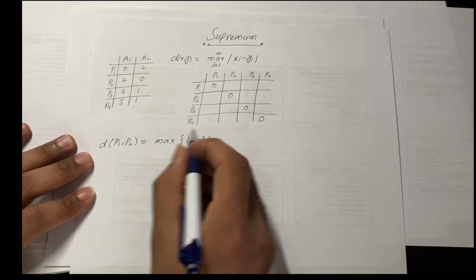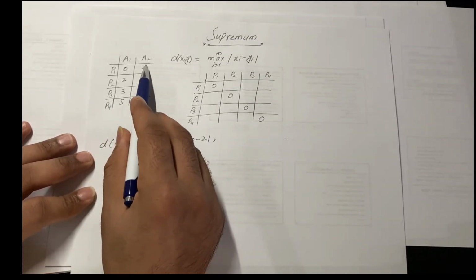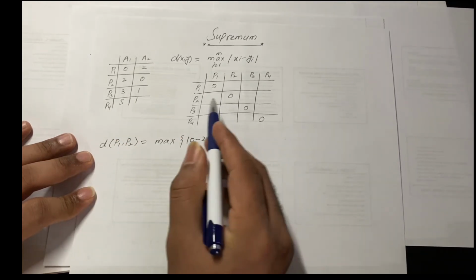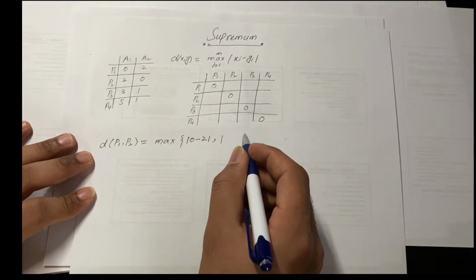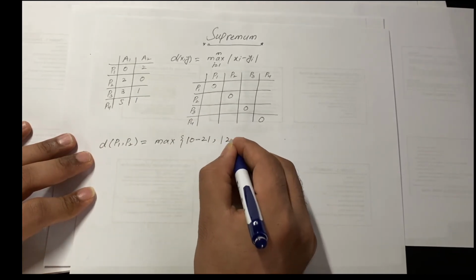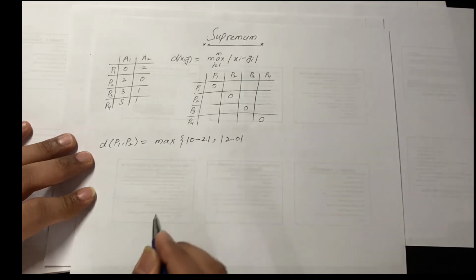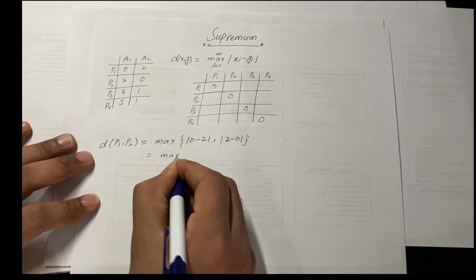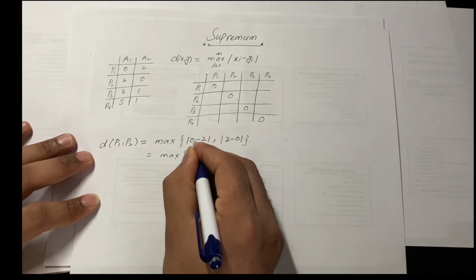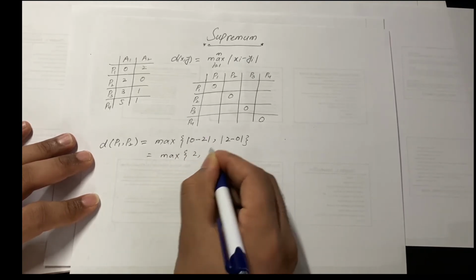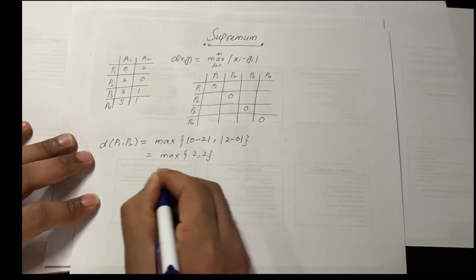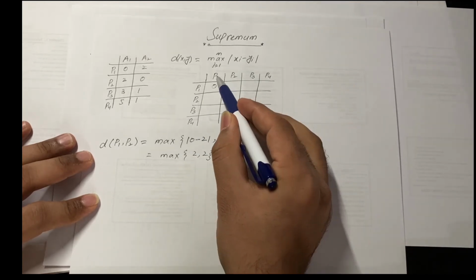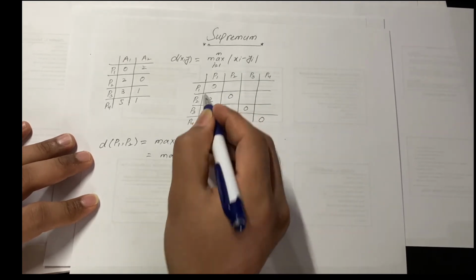And we have another attribute, so we will use a comma, then P2 is 0. Because of the absolute value, the answer will be positive 2 and 2. The maximum between 2 and 2 is 2. So the difference between P1 and P2 is 2.